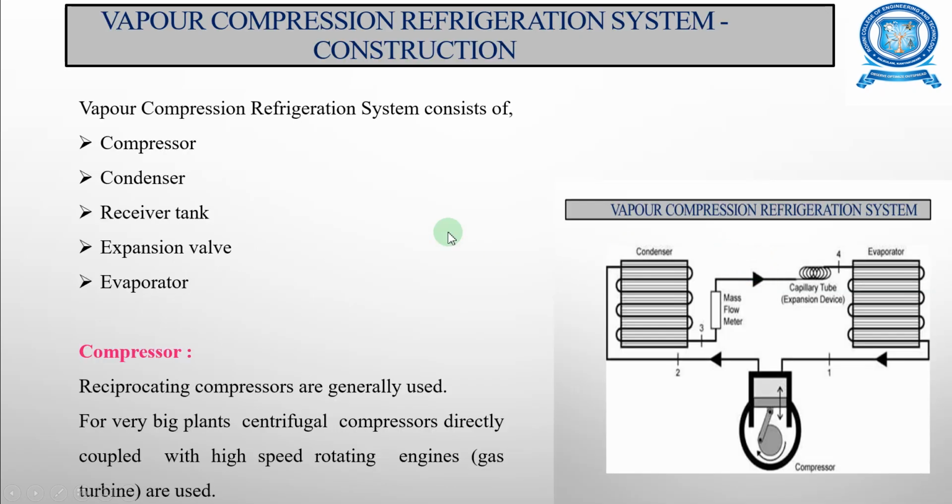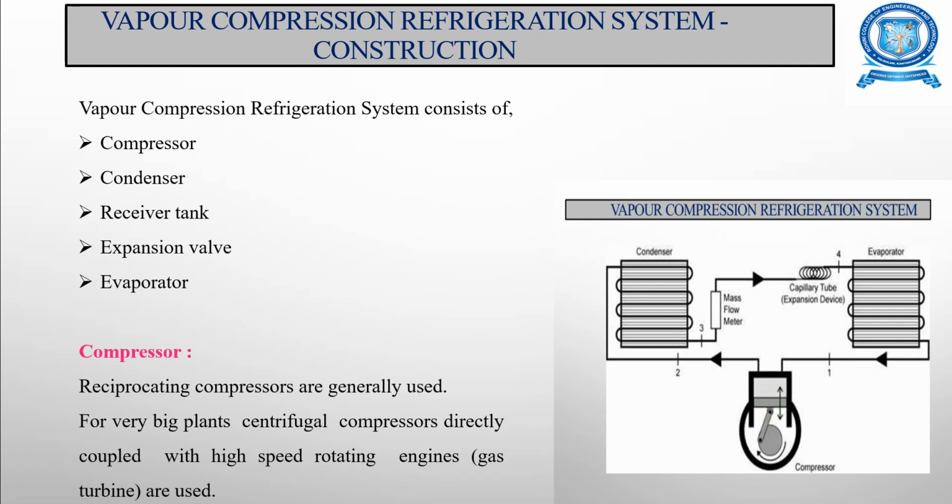Coming to the vapor compression refrigeration system, now we are going to see the construction. The main part is the compressor unit. Here you can see a compressor unit, and this is normally a reciprocating type of compressor.